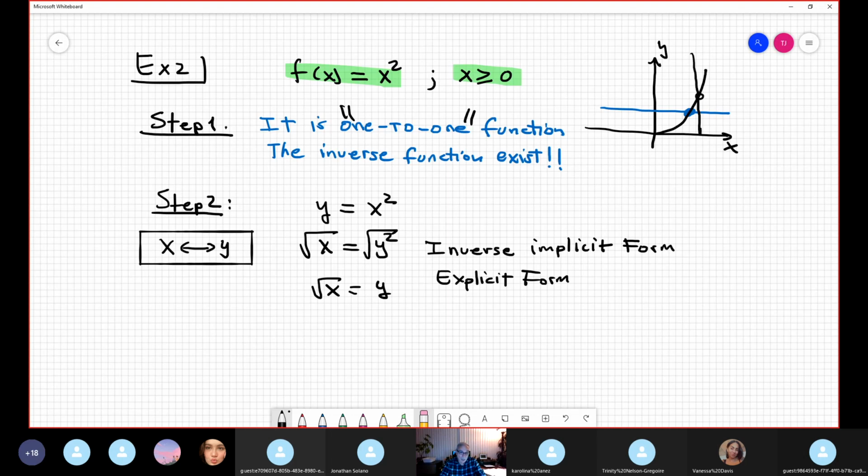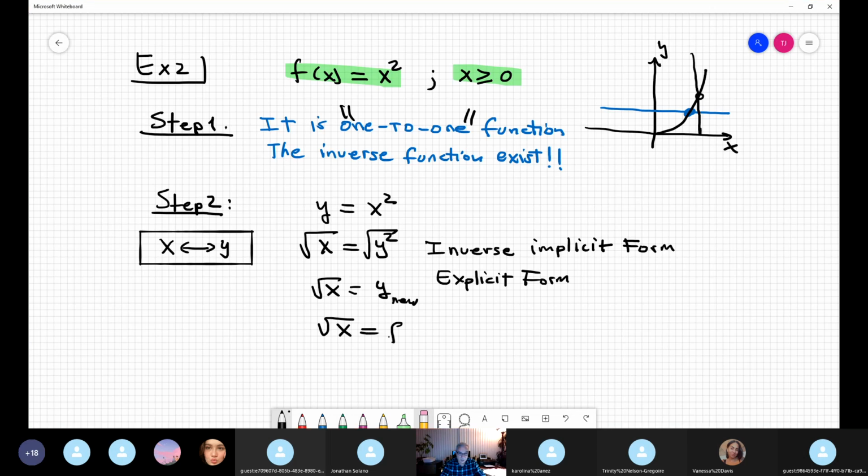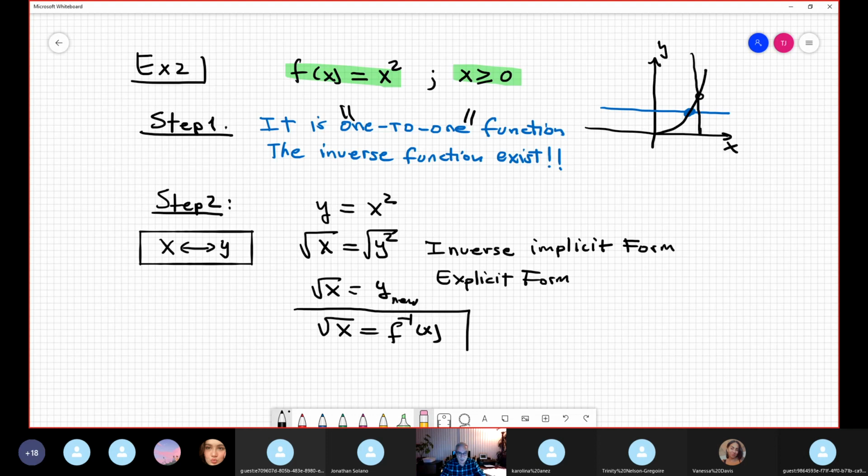Okay? And this new y represents the inverse function. And this is a completely logical result. At the beginning, I explained that the inverse of the square is the square root. Okay? Clear so far?